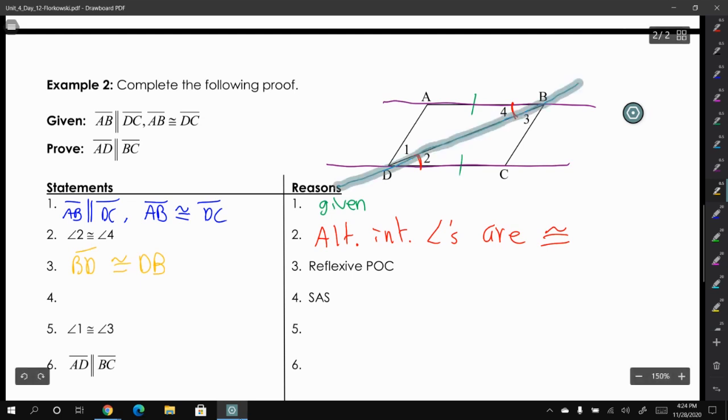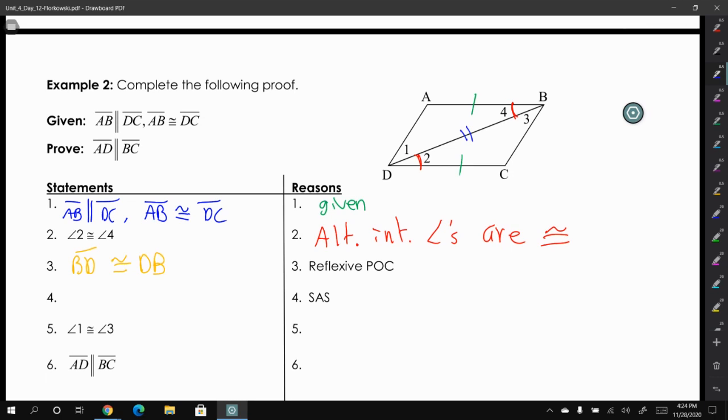So I'm going to erase the transversal here and the old parallel line and mark this side. That will tell us that the two triangles are congruent, and the reasoning is given to us, side angle side. So we have to make sure we write the triangle congruent statement correctly. So I'm going to say triangle DAB is congruent.